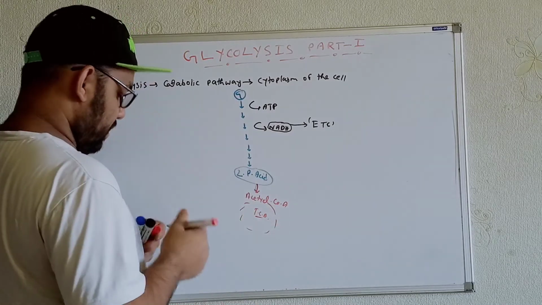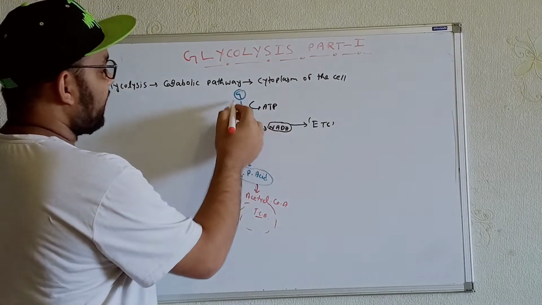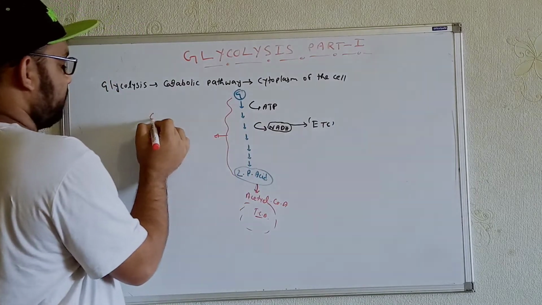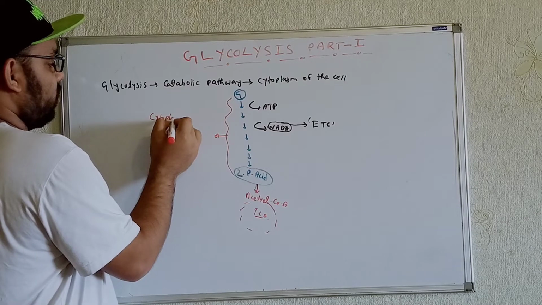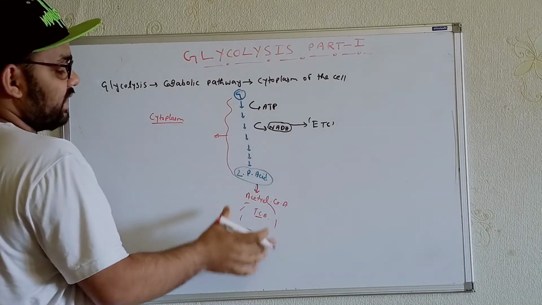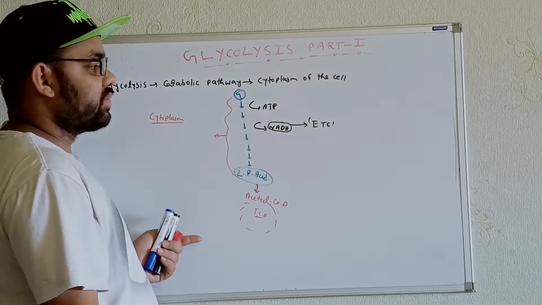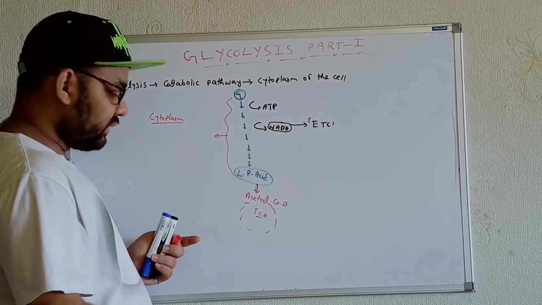Now see, this process, the glycolysis from here to here, occurs within the cytoplasm. The TCA cycle or Krebs cycle and the electron transport chain, or electron transport system, take place within the mitochondria.